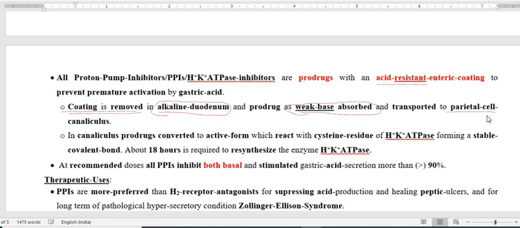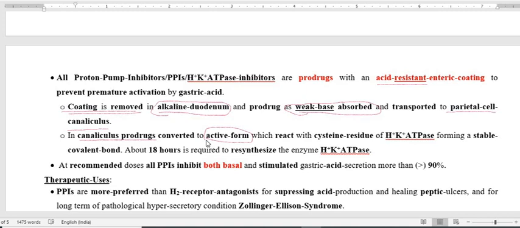So the drug will get absorbed, penetrate the parietal cell canaliculi, and lodge there. This prodrug in the parietal cell canaliculi gets activated in the acid environment because the acid is there.